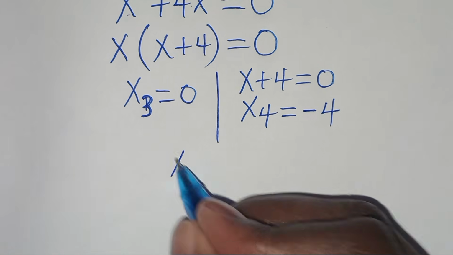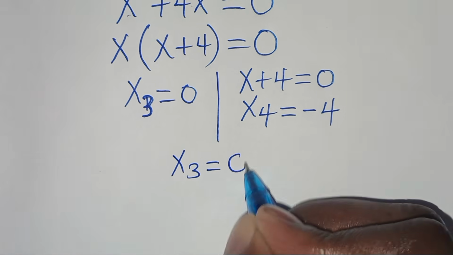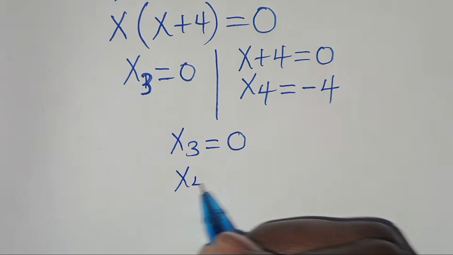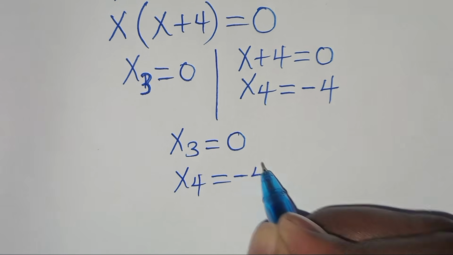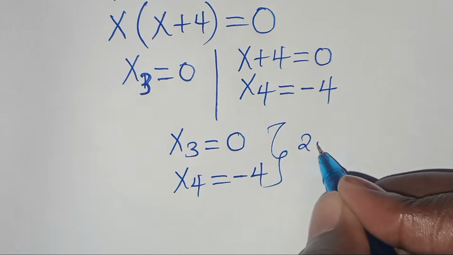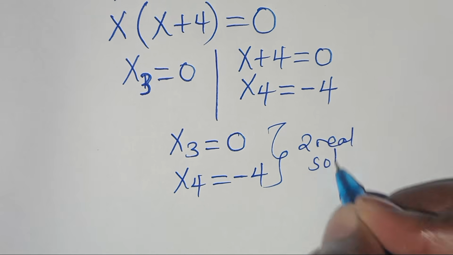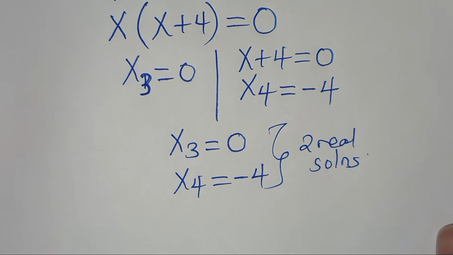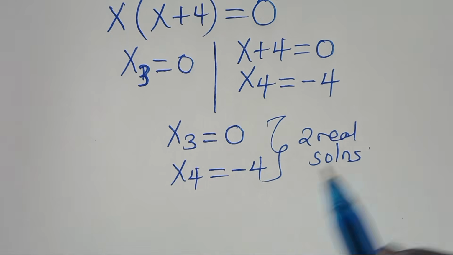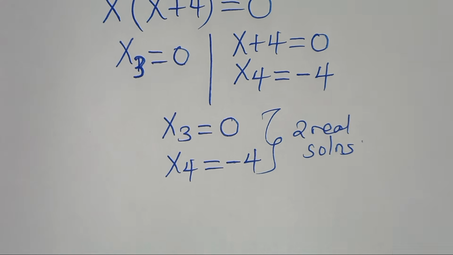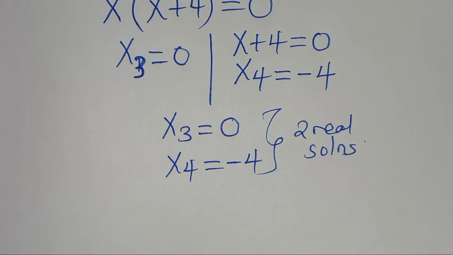So we have x3 equal to 0 and x4 equal to minus 4. So these are two real solutions under case 2. Let's verify that these two real solutions satisfy the equation as follows.